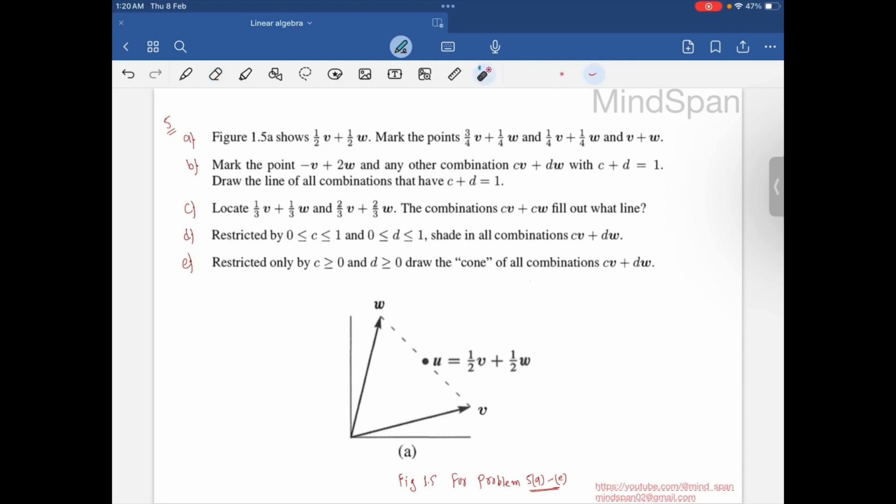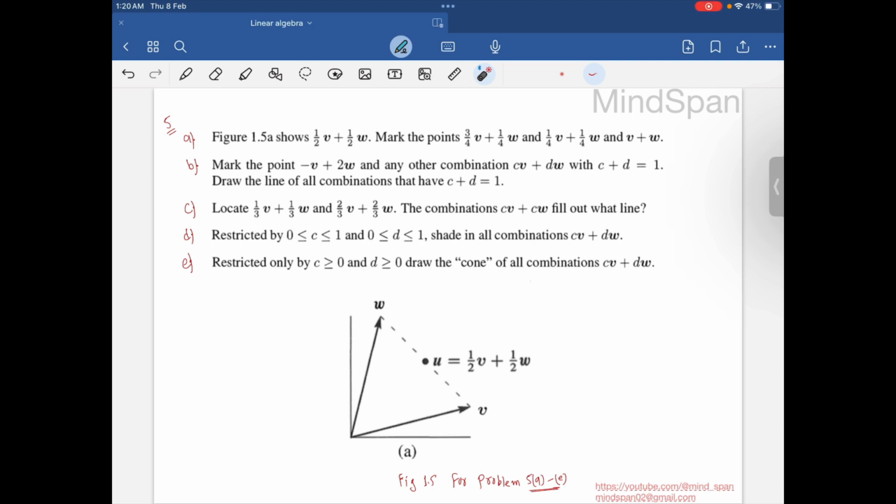so this is question number 5 from your homework, and I should say that you should try this question. Again, it will give you a picture of linear combinations, right?